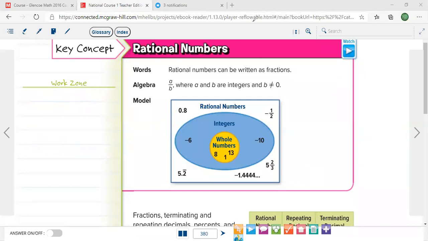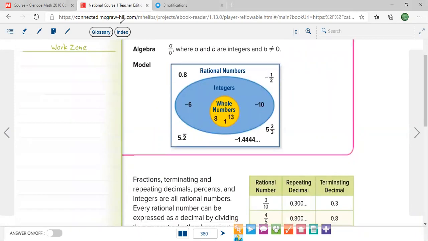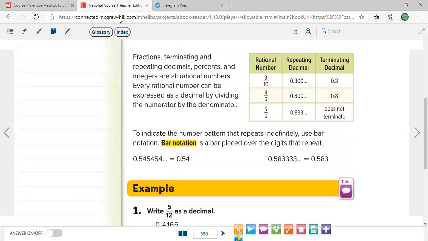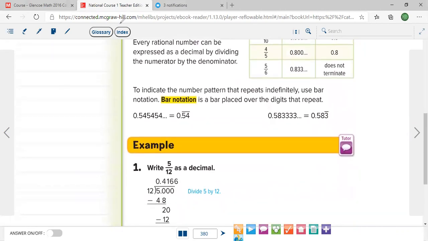So let's see how we can know if a fraction is a terminating decimal or a repeated decimal. For example, take a number like 0.54, 54, 54, 54. Since 54 is repeated, we write it with bar notation.